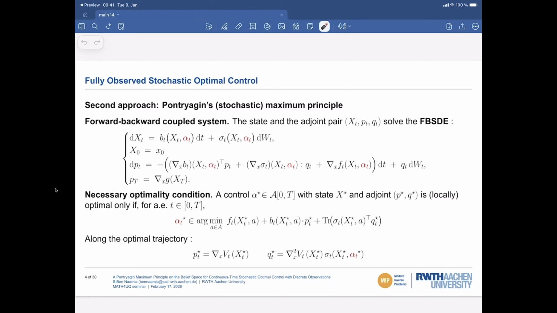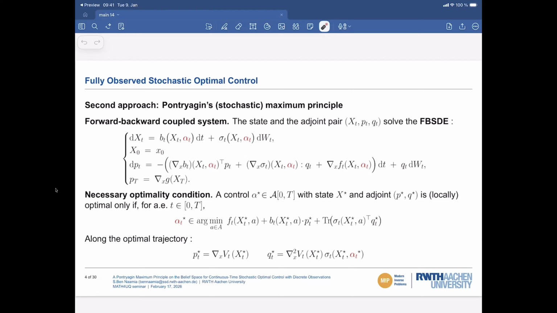So using the second approach, what you end up with is this forward-backward coupled system. You don't really need to focus a lot on what it contains exactly, but mainly it contains a forward equation that drives the process X, and a backward equation that drives the adjoint pair, in this case at least.